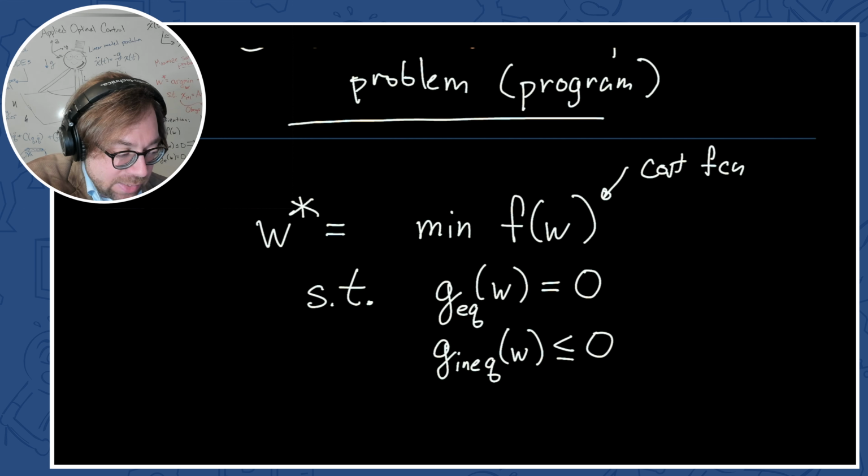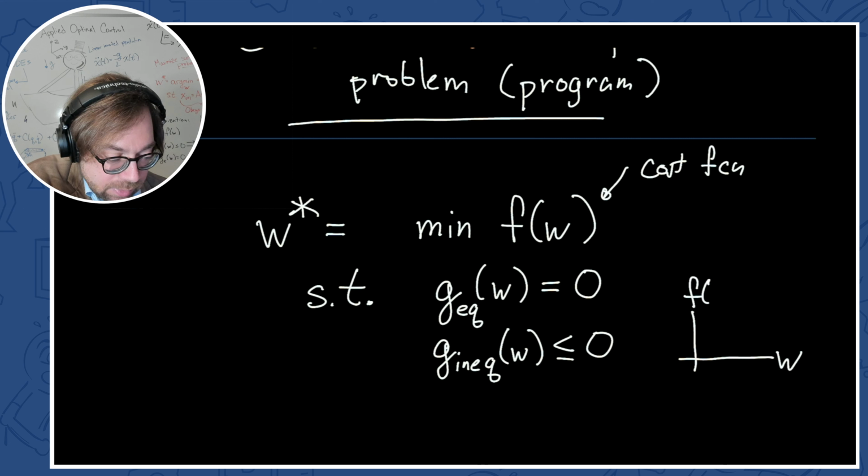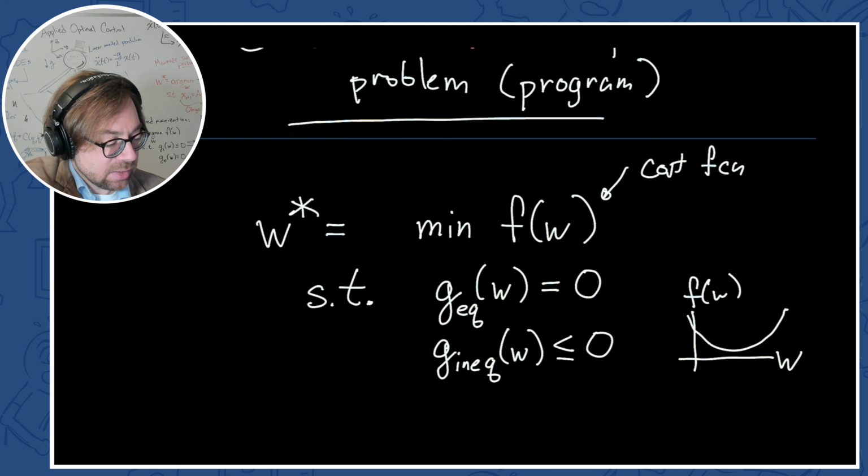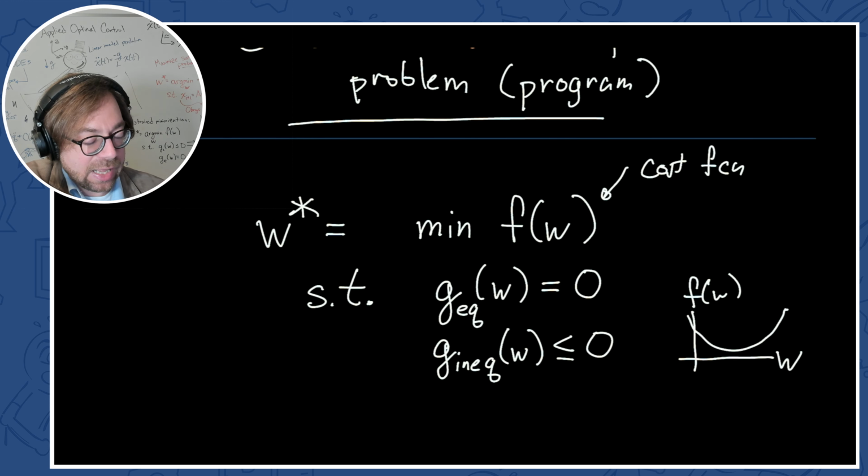And so let's say we have an example where we have a W and an f of W, and this is our function, right? We have eyes that can see that the minimum is right there at the bottom of that curve, like at the bottom of a parabola.